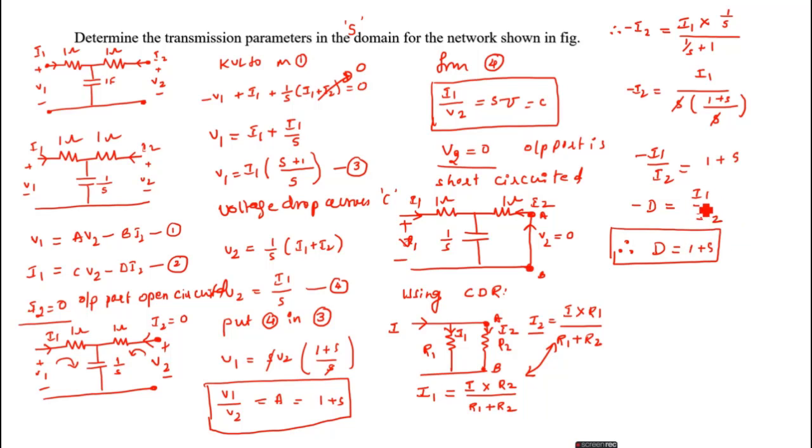Current is divided by current, so it is a unitless quantity. We have calculated the D here.